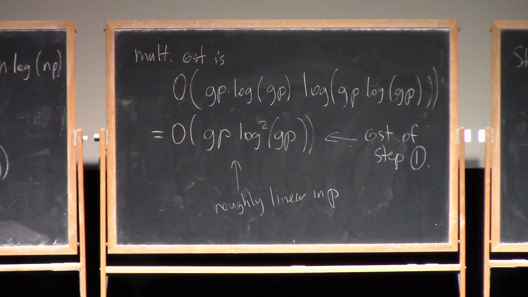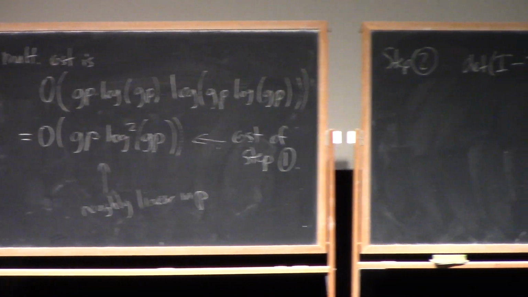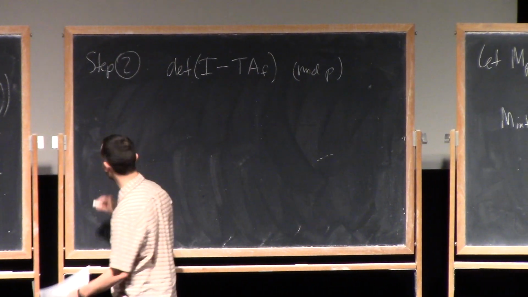Well, I don't really need to write mod p, right? Because this is already a matrix over F_p. Okay, so for this, now I'm not a matrix multiplication guy. I'm an integer and polynomial multiplication guy, right? So this is not my area of expertise, but I'll tell you the little that I do know.